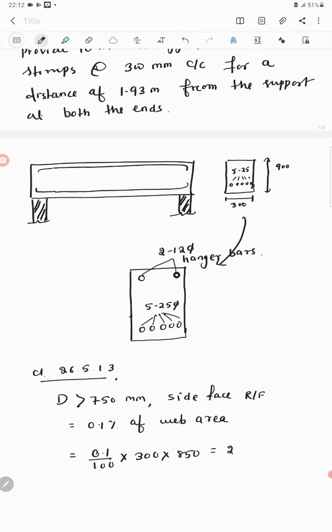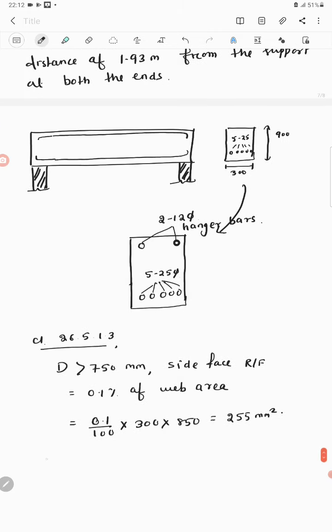This is coming 255 mm square. So if you provide a 10 mm dia bar as side face reinforcement, what is the number of bars? 255 divided by pi by 4 into phi square. So it will be around 3 point something. So let's take 4 numbers.